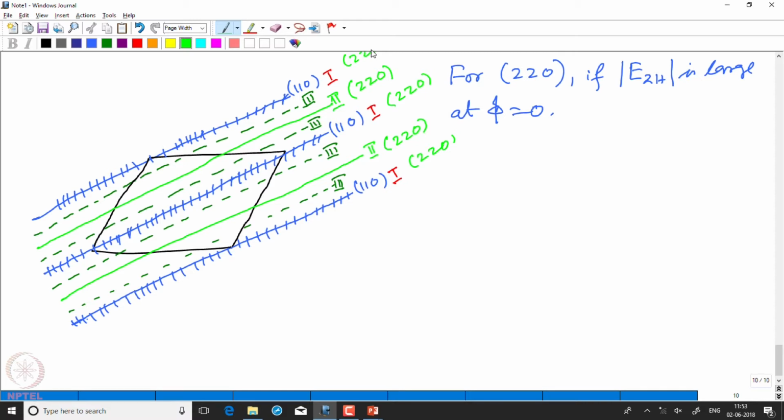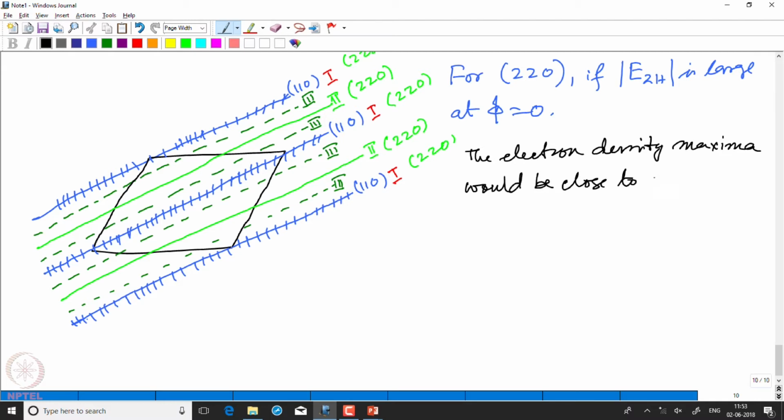So now for the 220 set of reflections, the electron density maxima would be close to both lines 1 and lines 2, because you can see both lines 1 and lines 2 correspond to the same 220 set of planes.